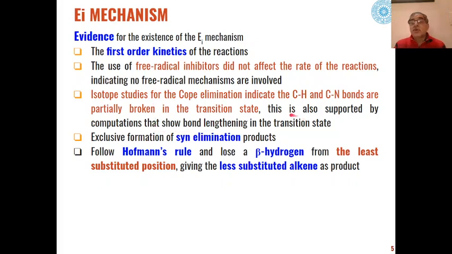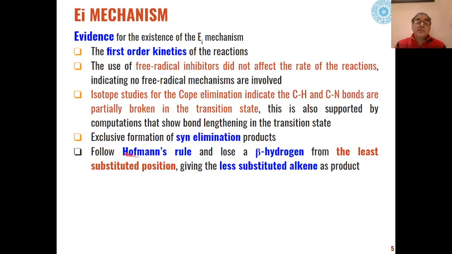This is also supported by computations which show that the bond length increases during the transition state. Then exclusive formation of syn elimination also points towards the formation of these transition states, and these transition states lead to the formation of the products.